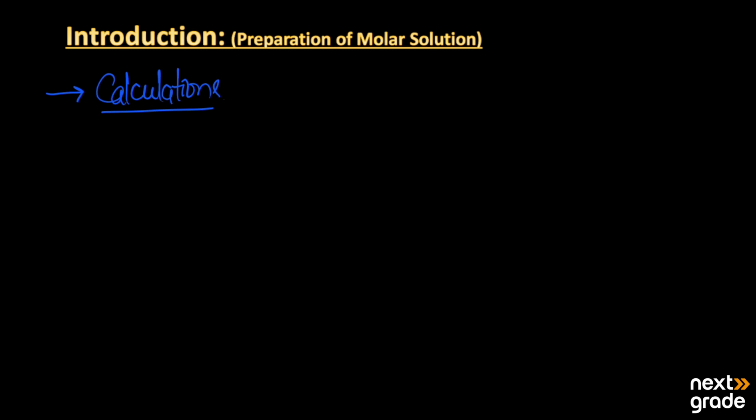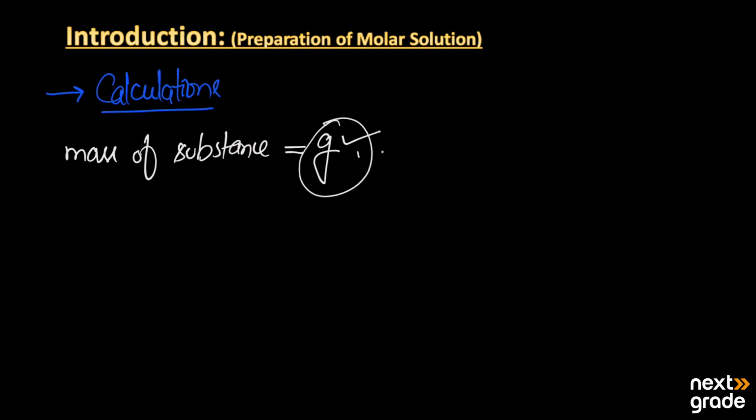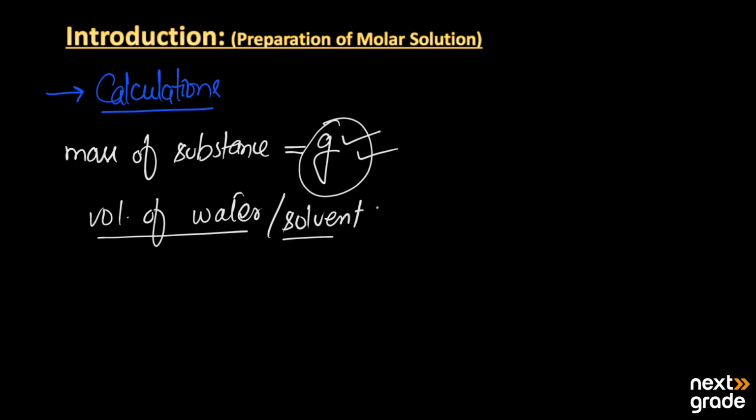For the preparation of the solutions, we must have the mass of substance in grams. We take those grams, and we take the volume of water or solvent, and we take a volumetric flask, somehow like this.